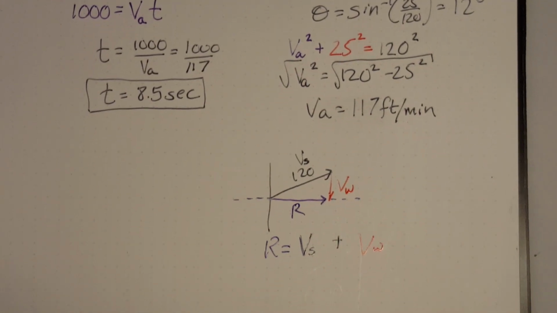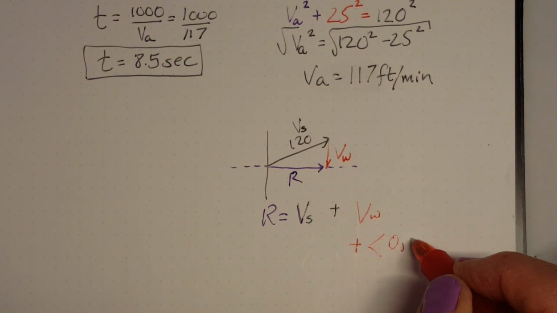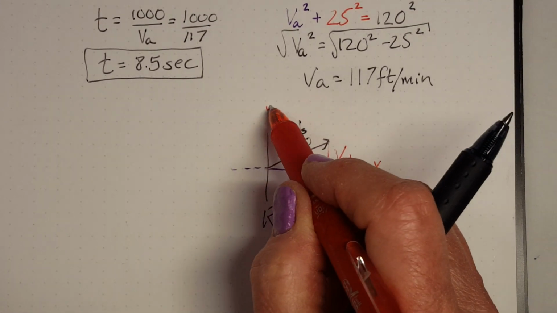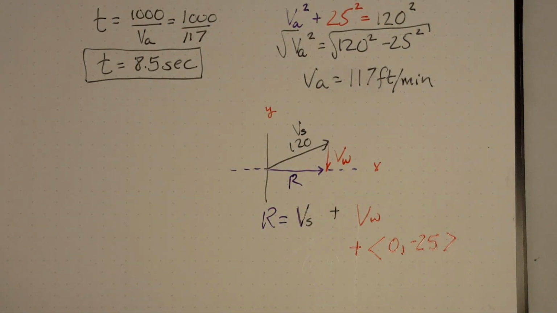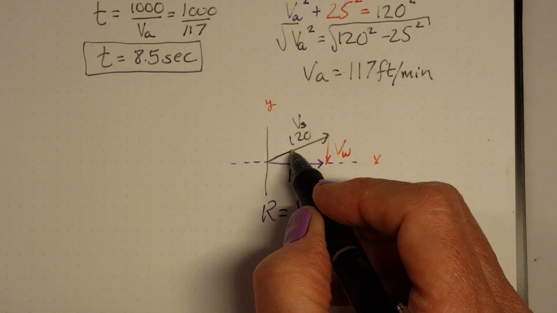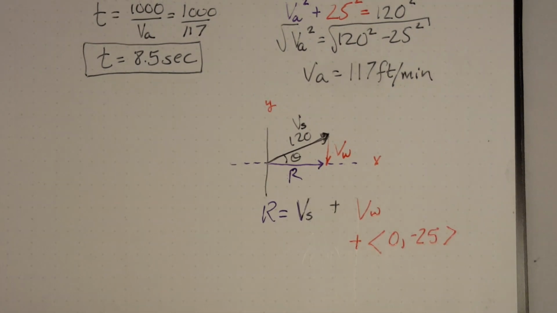And if we put these in component form, we know that the velocity of the water is going to be 0, minus 25, because I'm calling across to be x and the y-axis is the river direction. And so I'd have to find out the components of this across the river vector. So I would put an angle in here.